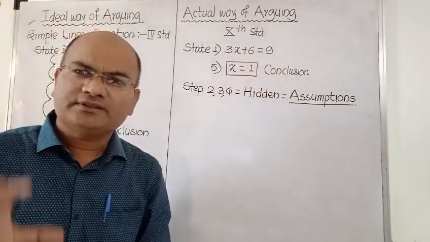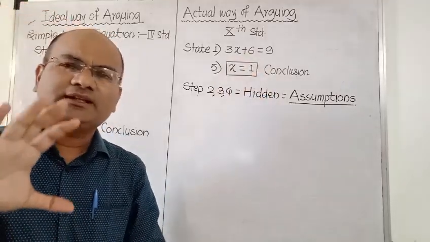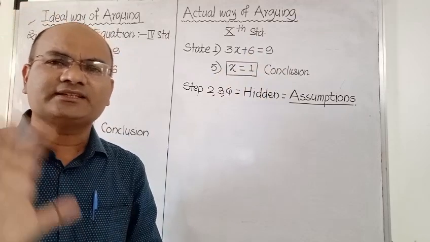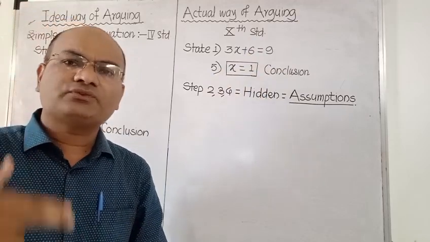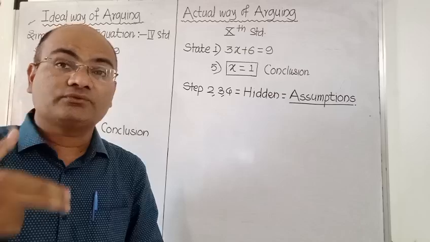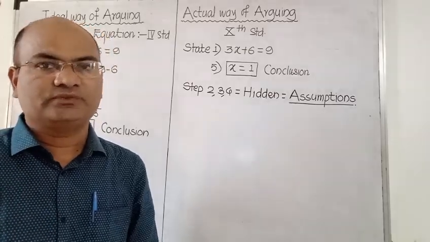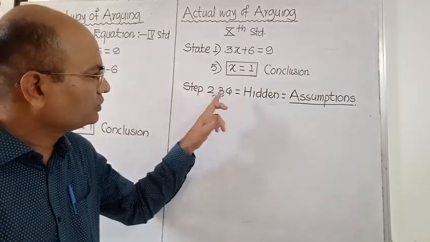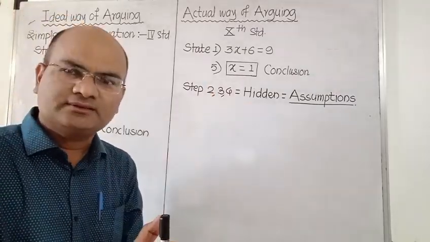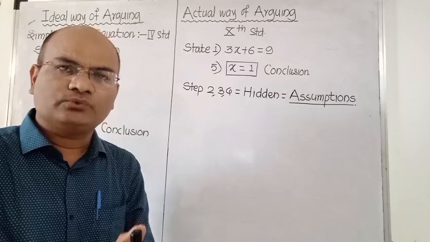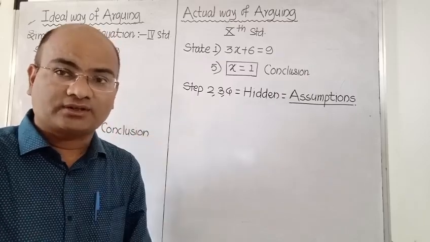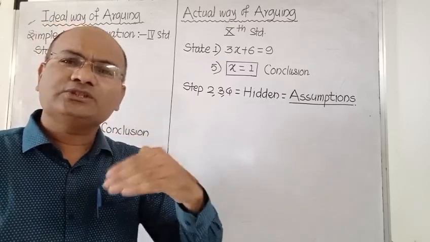We assume that in the 10th standard we are not writing everything step by step. A number of steps we do in the mind and we indirectly conclude x is equal to 1. This is very important: steps number 2, 3, 4 we keep hidden. We assume, we take for granted, that the teacher knows all these things.